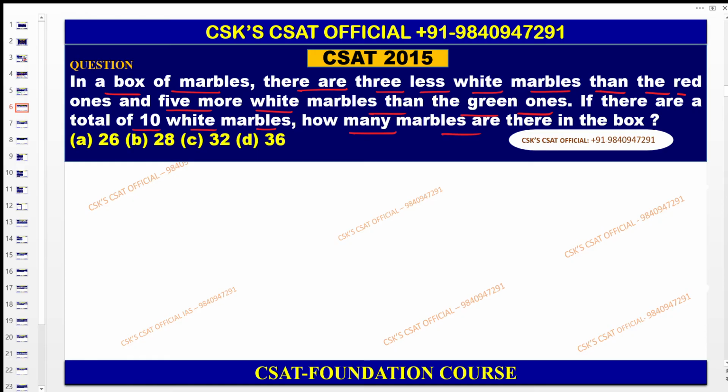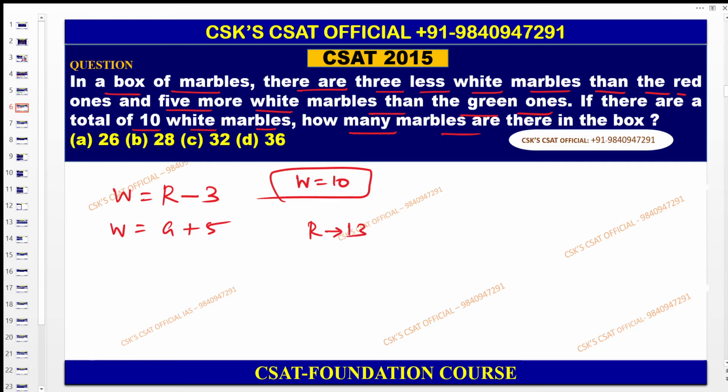According to the first statement, white is equal to 3 less than the red. Next, the second statement: white marbles are 5 more than the green one, so green plus 5. Now, if there are total 10 white marbles, substitute here. So what is the red here?